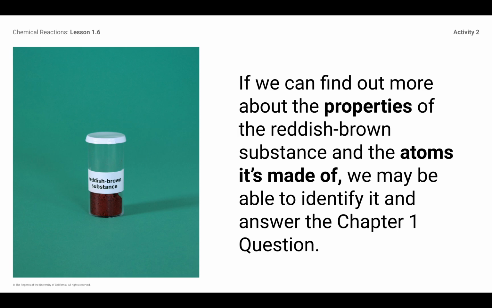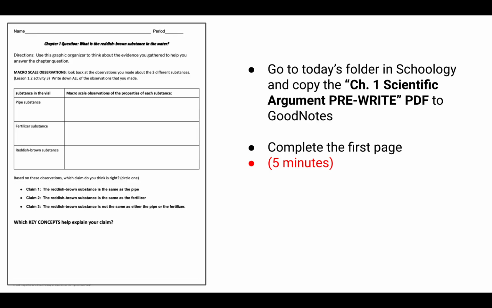So if we can find out more about the properties of the reddish-brown substance and the atoms that it's made of, we may be able to identify it and answer the chapter 1 question, okay? So we don't have that yet, but what we do have is some information that you guys had a couple days ago when we were looking at lesson 1.2, activity 3.